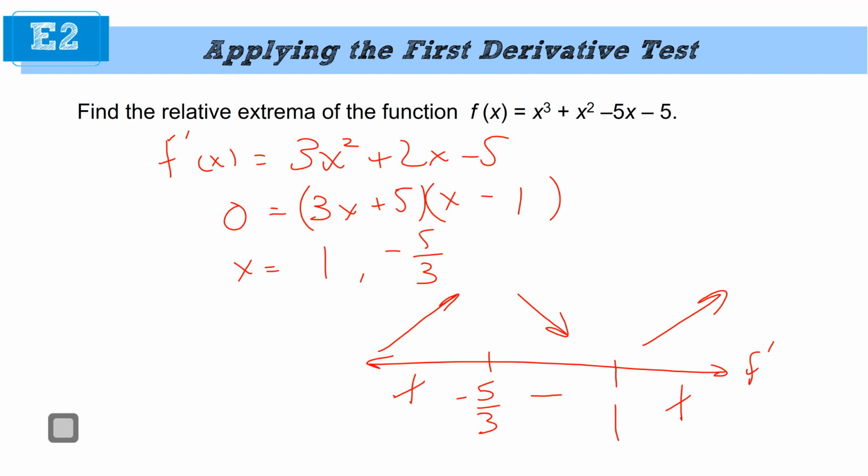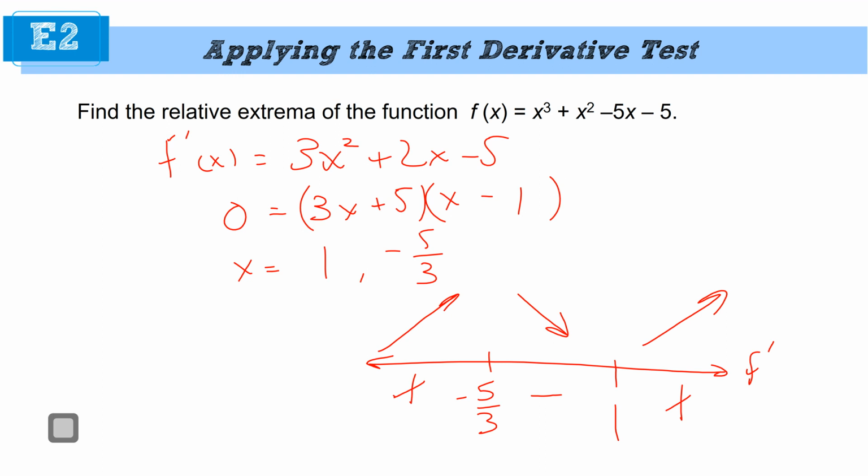Parentheses. Okay, good. Anything else? Good. Tells us the relative max at -5/3, relative min at 1. Max at -5/3, min at 1. Beautiful. Anything else? That's about it. Okay. So, any problems there?